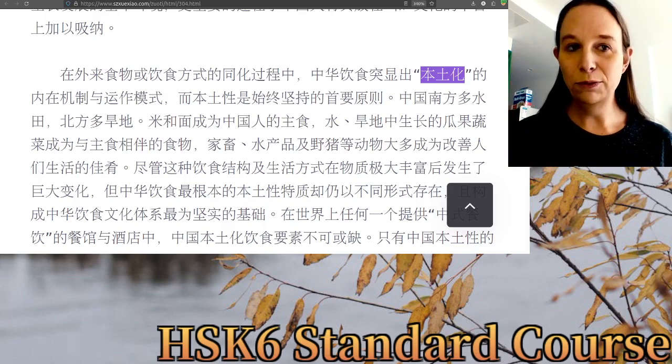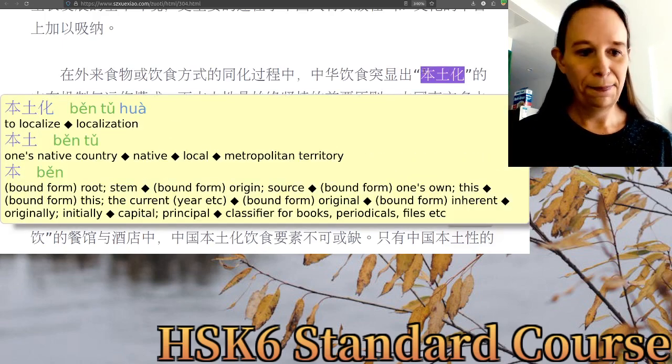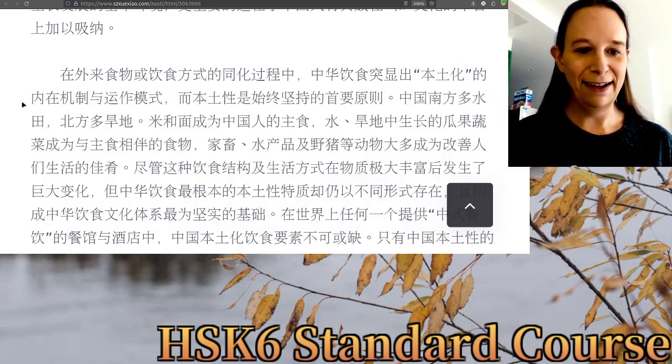What do you reckon that is 本土 nativization? Localization. I said it right the first time.